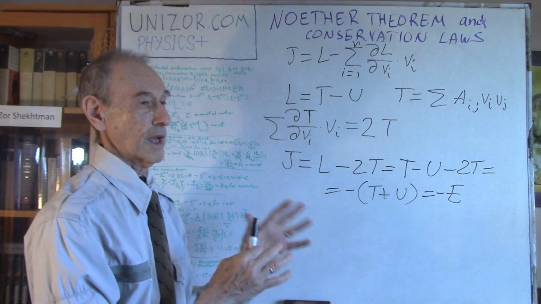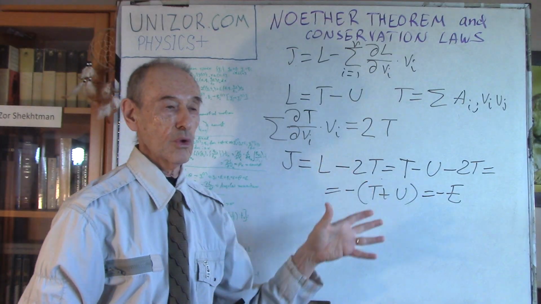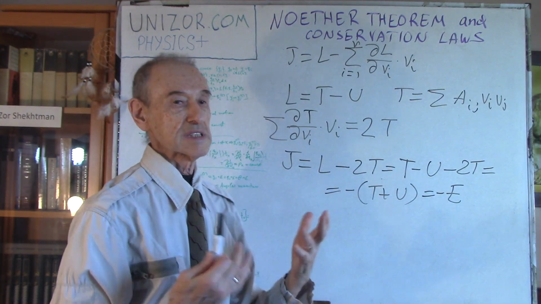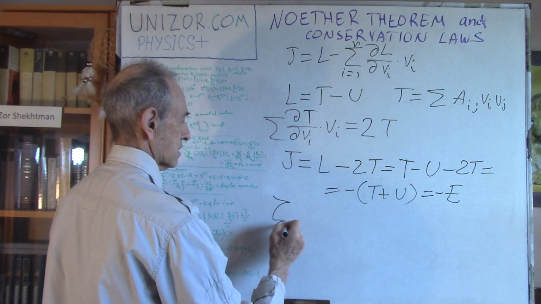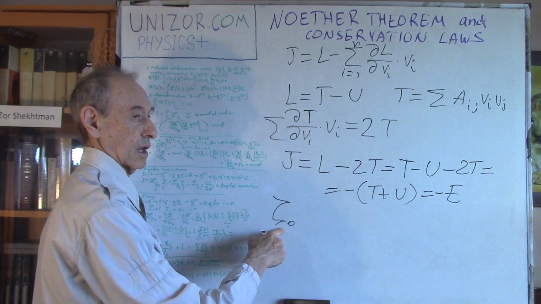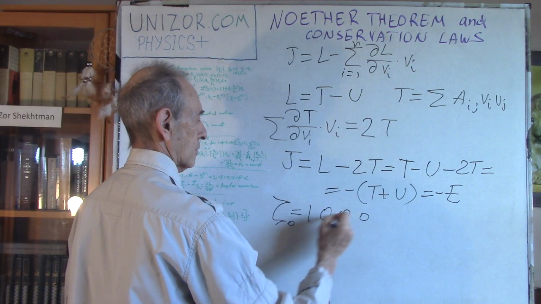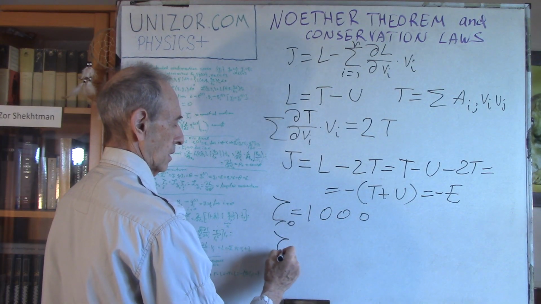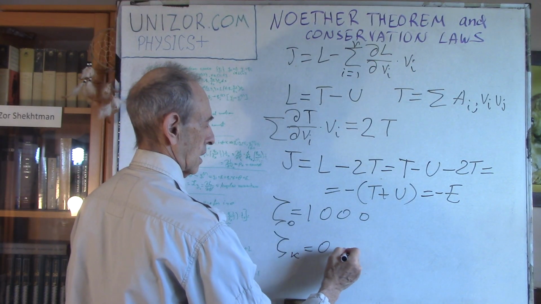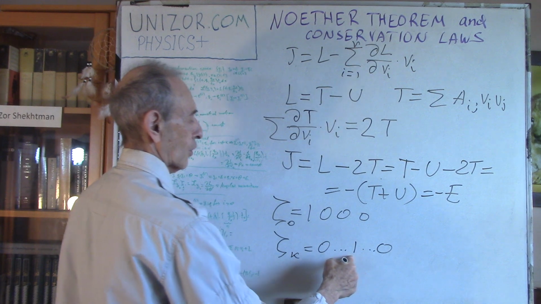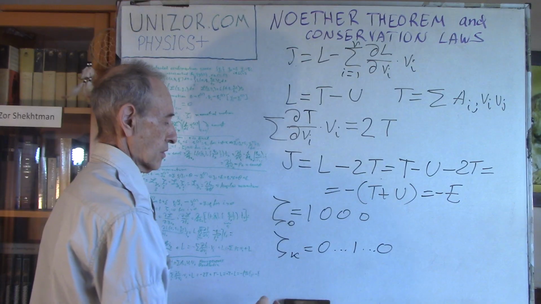Just think about what we have basically demonstrated with these three laws: each law depends on a certain symmetry. Energy is conserved when the time generator is equal to 1 and all the others are 0. Linear momentum is only one particular case where one generator is equal to 1 and the rest is 0.